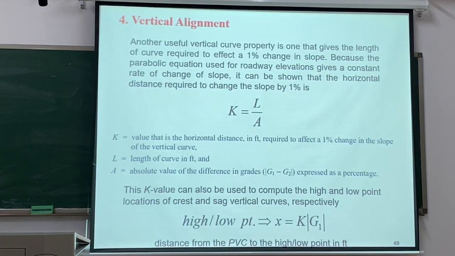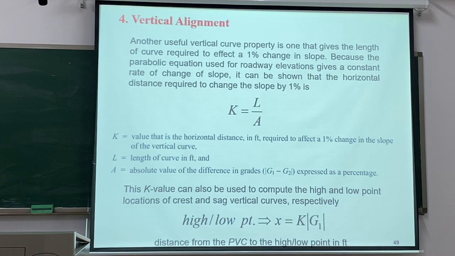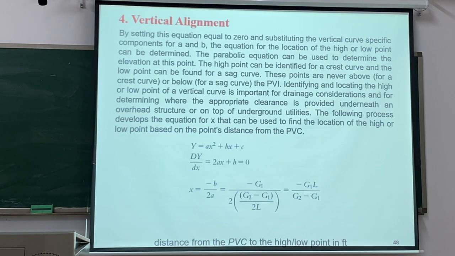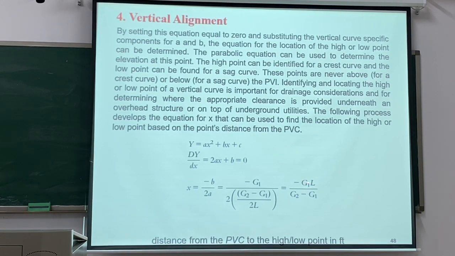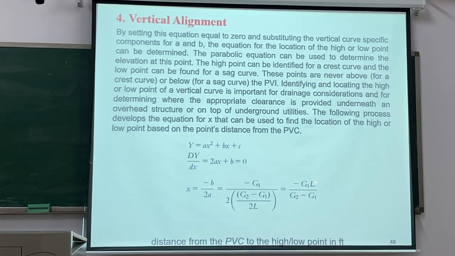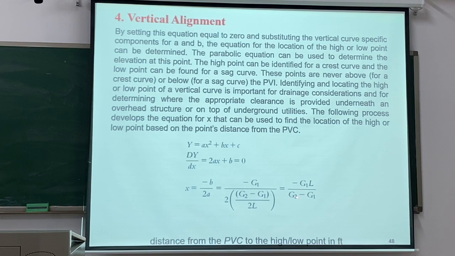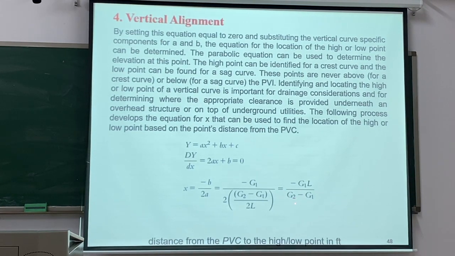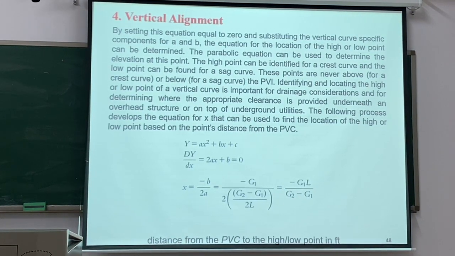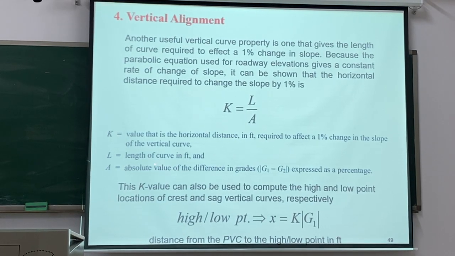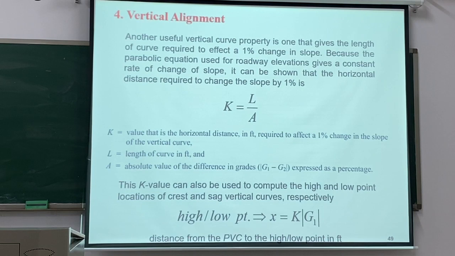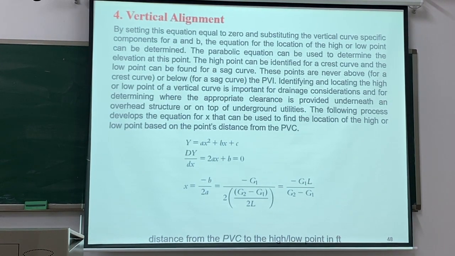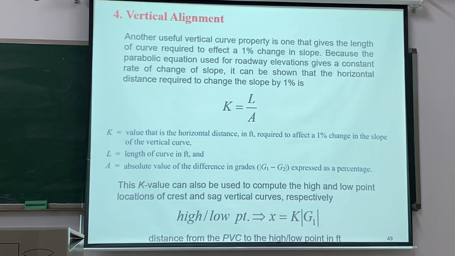So the K value is just L over the absolute value of G1 minus G2. So this equation is equal to this.